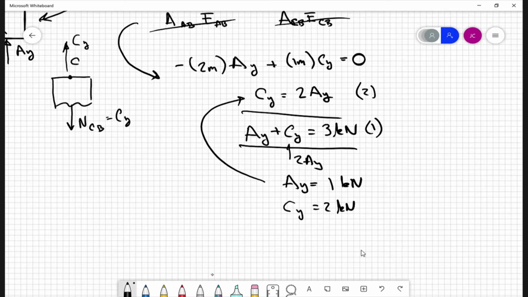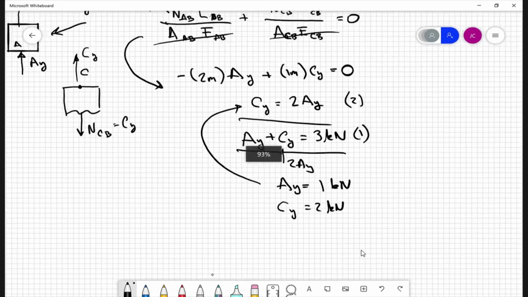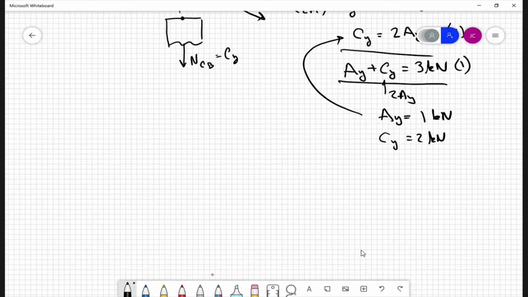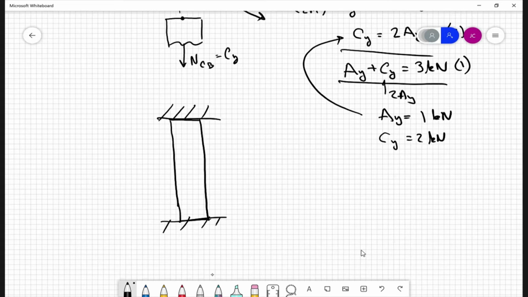Like, for example, I won't solve it, but I'll just draw it, right? Let's say we had something that looks like the following. I'm going to fix it here. And we'll fix it here. And then we're going to put a plate on here, right? And we can even fix this plate, right?